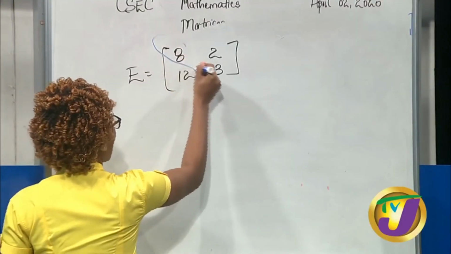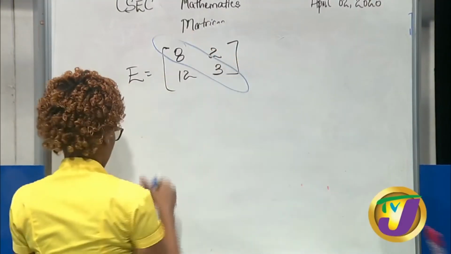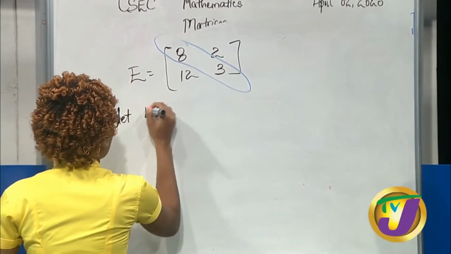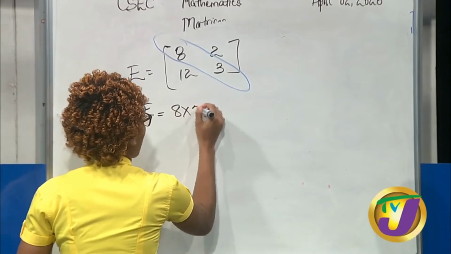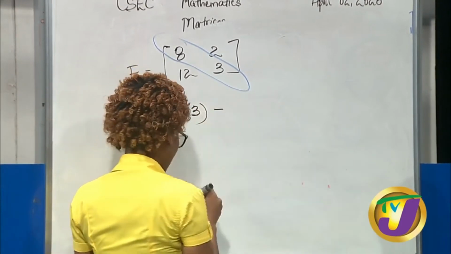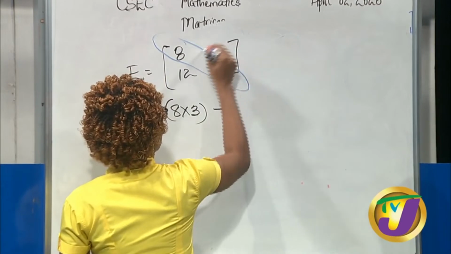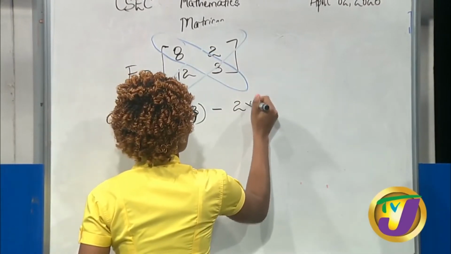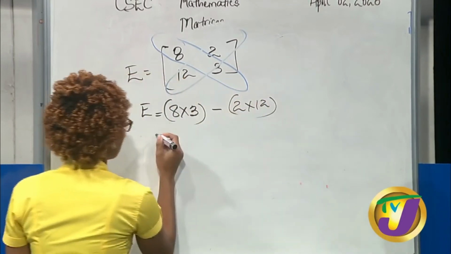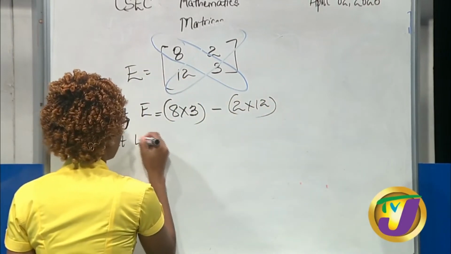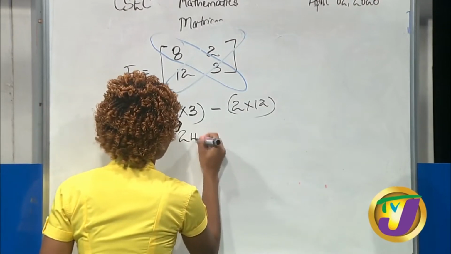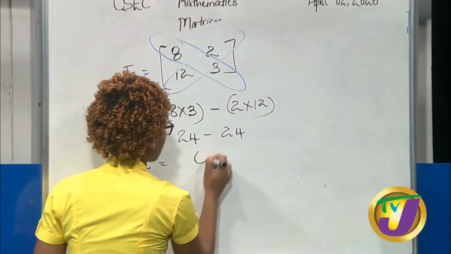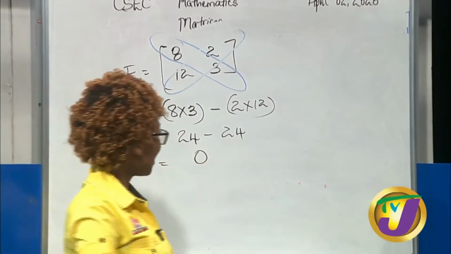I'm going to have my leading diagonal here, which is 8 and 3. So my determinant of E is 8 times 3, take away the product of my non-leading diagonal, which is 2 times 12. So now I have the determinant of E as 24 take away 24. So I am now left with 0.